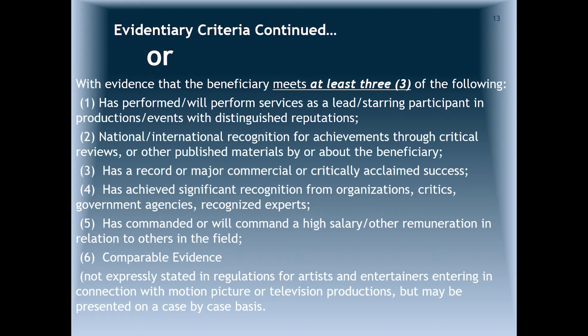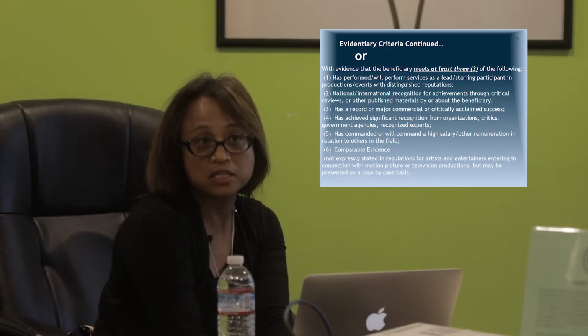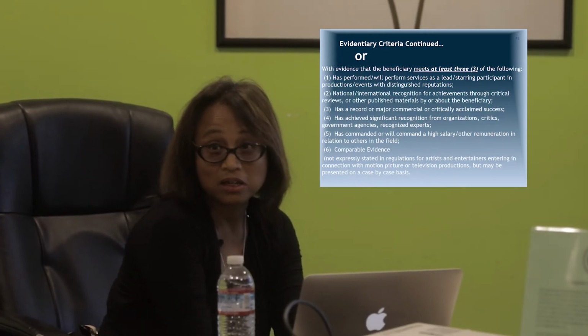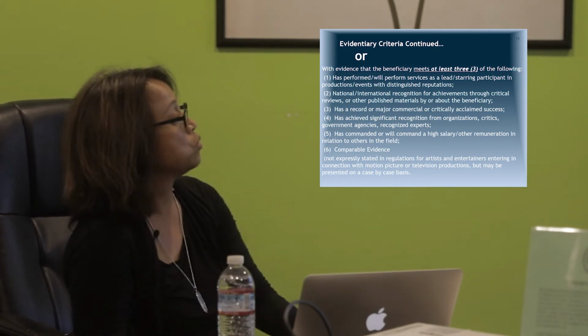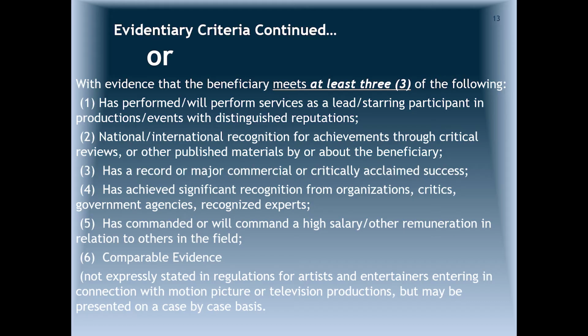The second criteria is evidence of national or international recognition for achievements through critical reviews or published material, and that's generally seen as press, okay? Newspaper articles about the person or their work. Number 3 is evidence that the person has commercial success or critical acclaim.